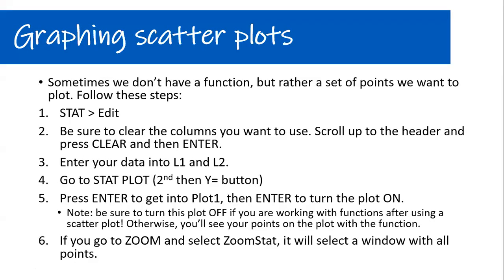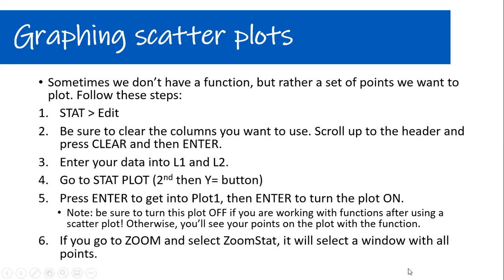Okay, now let's talk about one more thing in the graphs, and that is graphing scatter plots. So sometimes we don't know y equals something or f of x equals something. Sometimes instead we're just given a big table of values like we were talking about earlier, and we just want to graph those points. So we're going to follow these steps.